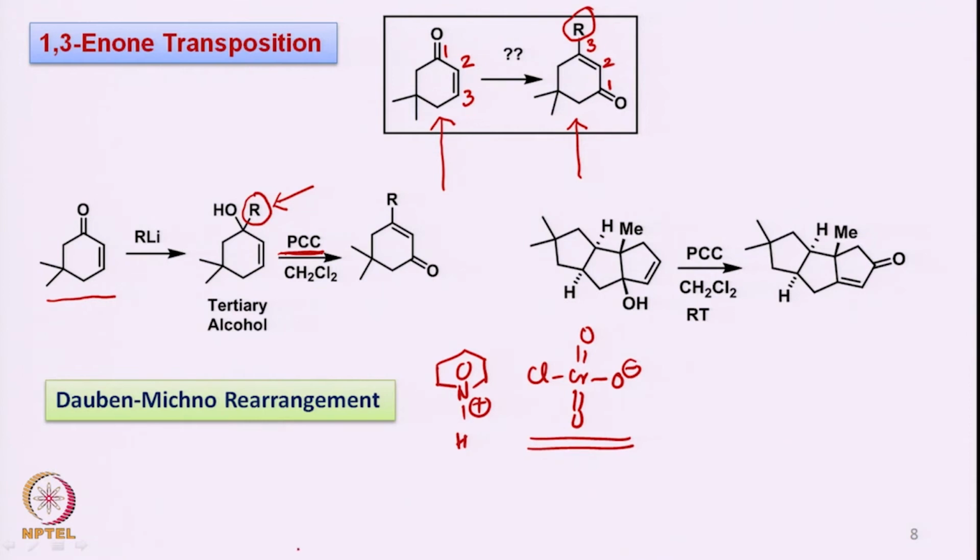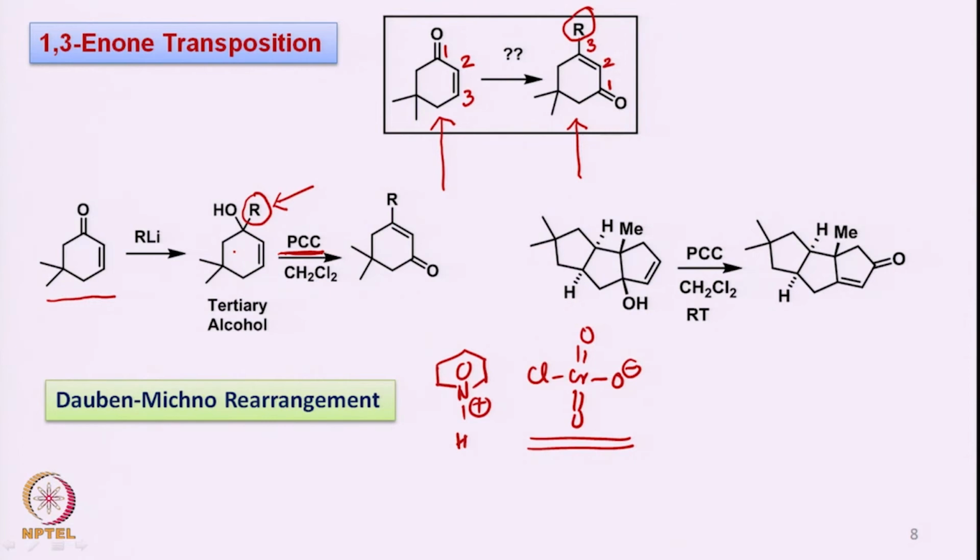But since the introduced R group is not a hydrogen anymore, because we have used R lithium, which is either alkyl or aryl, no oxidation of the hydroxyl group will occur at that carbon, because it does not have any hydrogen left.